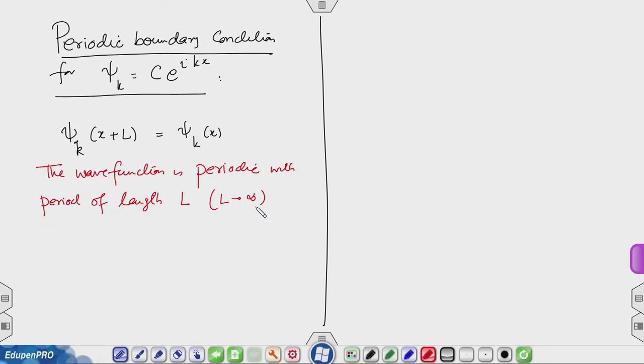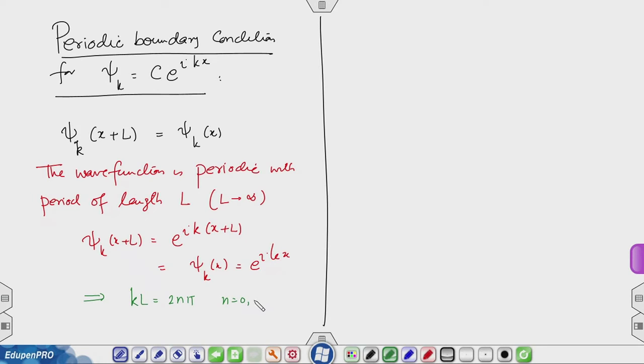So, what we have is ψ_k(x+L) = e^{ik(x+L)}, which I want to be equal to ψ_k(x), which is e^{ikx}, and this gives you that kL should be equal to 2nπ, n equals 0, ±1, ±2, and so on.